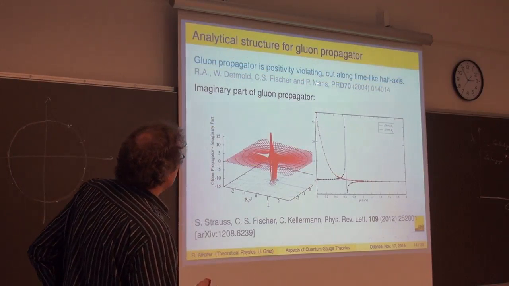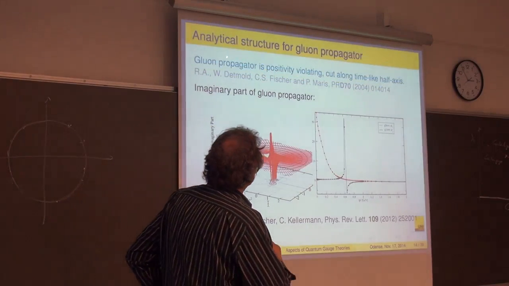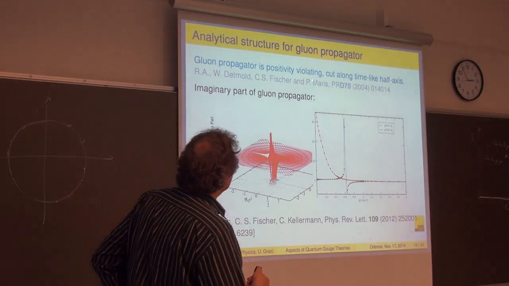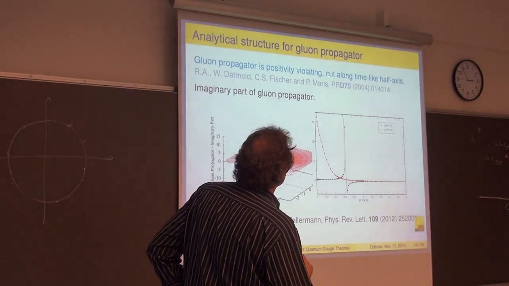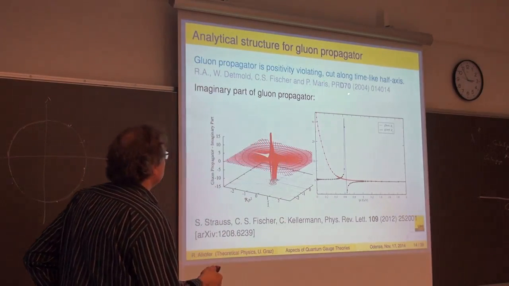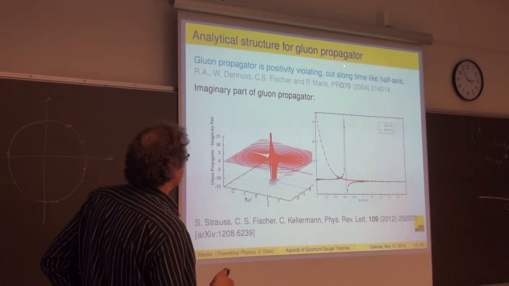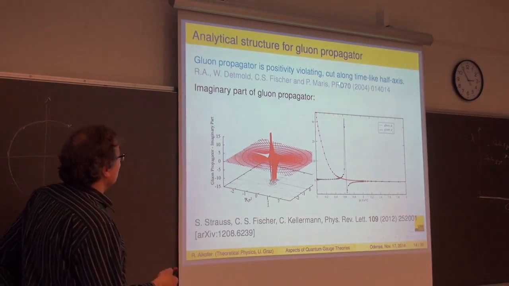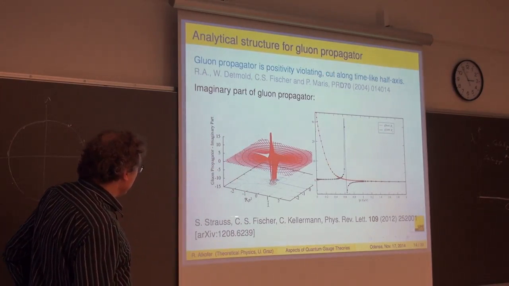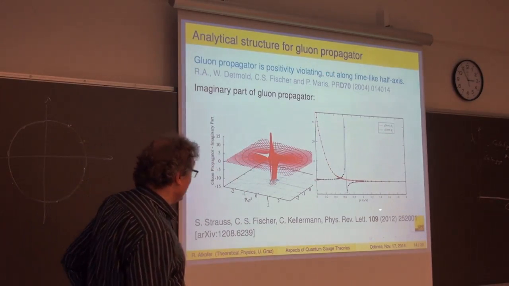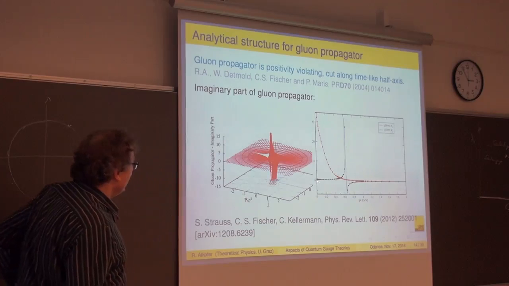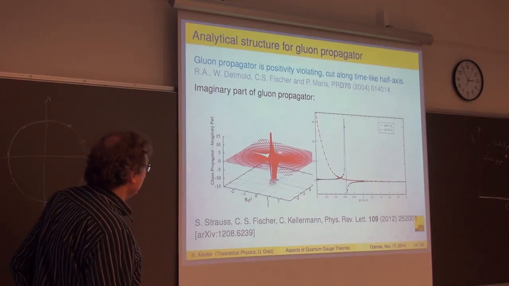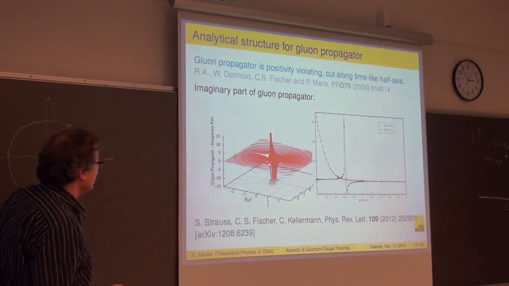And it has a little bit of a history because some 10 years ago, on the basis of positivity violation, we were already simply putting in the assumption that the gluon propagator has a cut along the time-like axis, with a certain parametrization. This was now taken up in a direct calculation by Strauss, Fischer, Kellermann 2 years ago, which directly calculated the analytic properties from a completely reasonably closed set of equations.